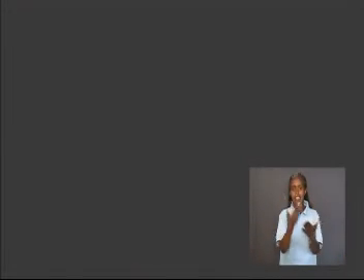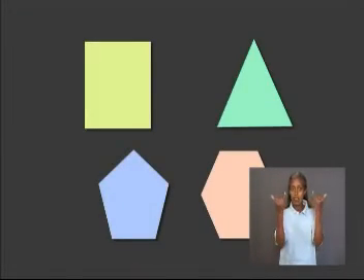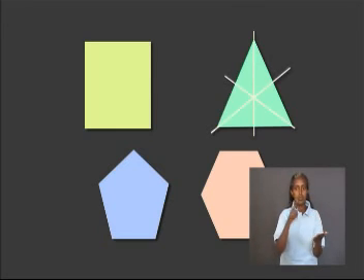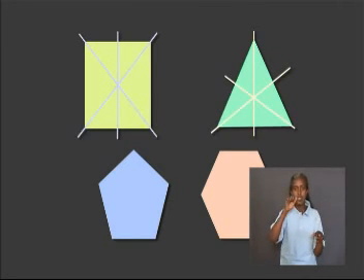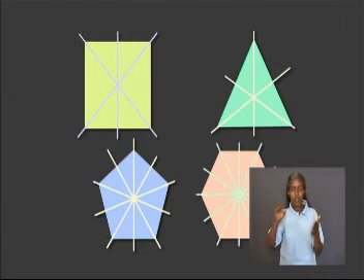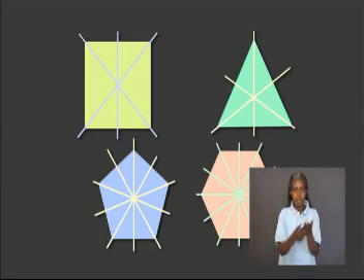As you can see in the figures on your screen, regular polygons, such as these ones, have several lines of symmetry. They have as many lines of symmetry as they do sides. This is true for all regular polygons.